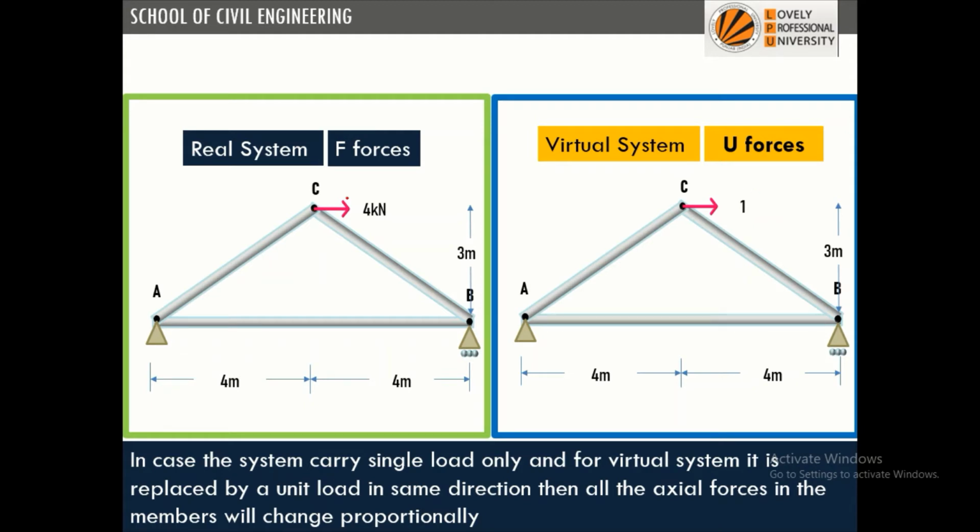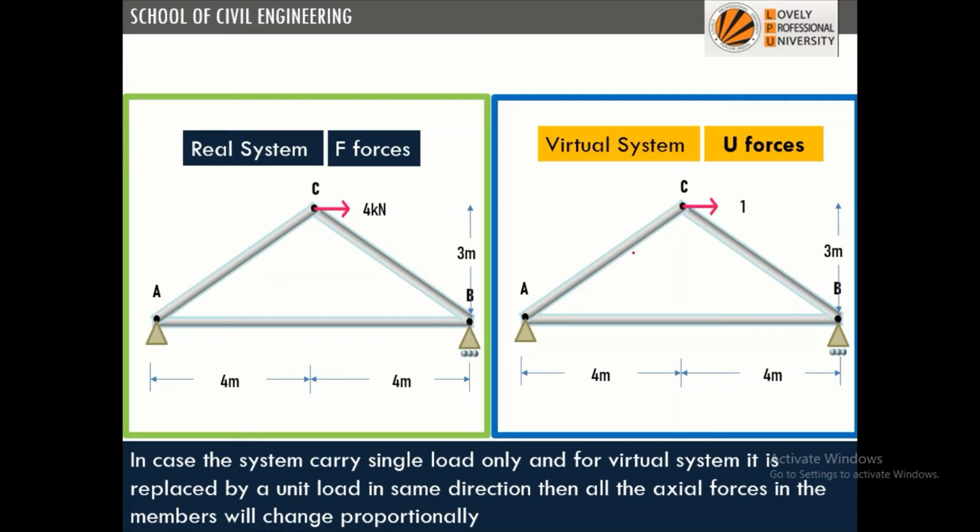Because of this external force of 4 kilonewton, the force in this member is, say, X. And if we double this, what will be the effect on the force in the member? It will be 2X. Suppose we reduce this external force to half, what will be the effect? The force in the member will be reduced by half. So what we are doing, we are replacing the external load with a unit load.